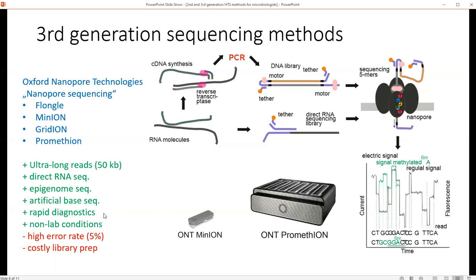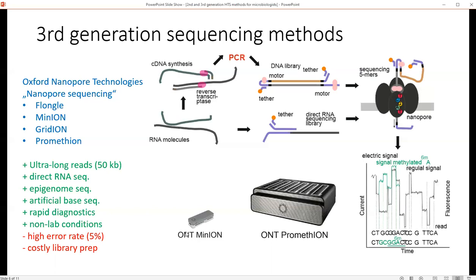It allows very rapid diagnostics because the sequencing time may be from 10 minutes, but it may also last to several days to get higher throughput. And also importantly, it can be performed in non-laboratory conditions, such as rainforest, Antarctica station, International Space Station, etc. And the pocket-size sequencer MinION is also quite cheap.